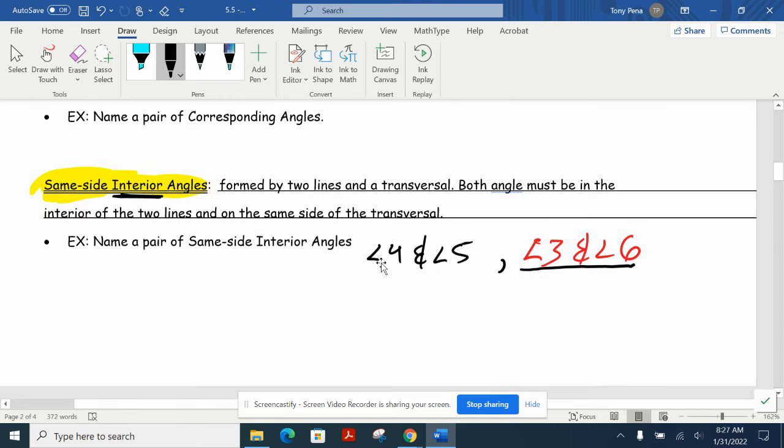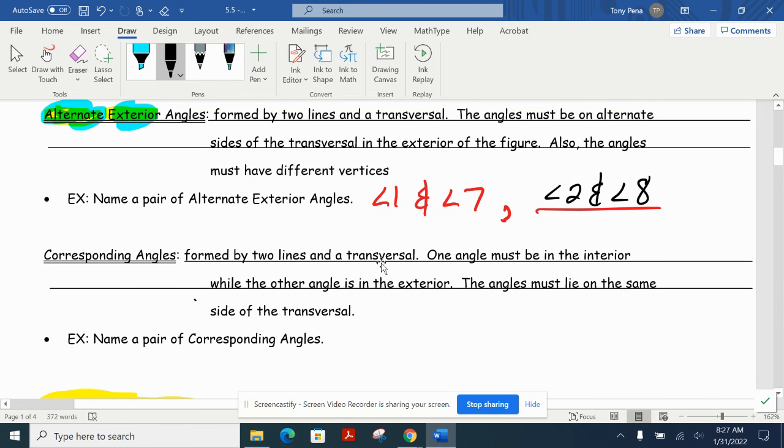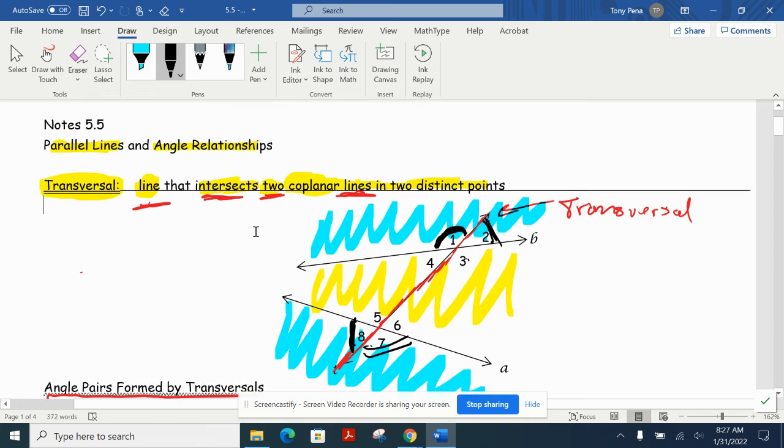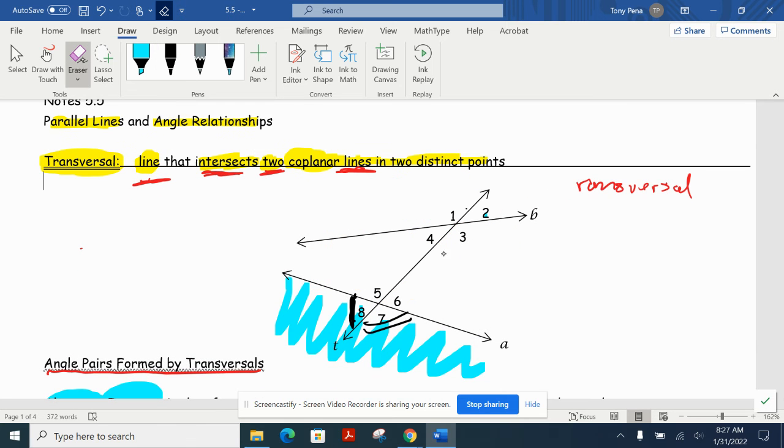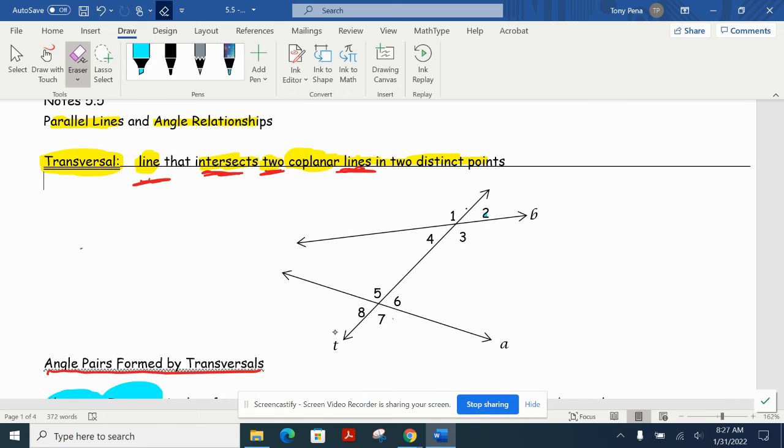All right. And then last but not least, what we call corresponding. These are the ones people tend to miss the most. That's kind of why I wanted to do them last. So here's what corresponding means. If we look at this set of angles, notice how we have 4 angles up here when that transversal crosses one of the lines. We have 4 angles down here.